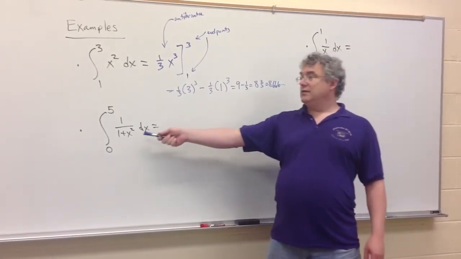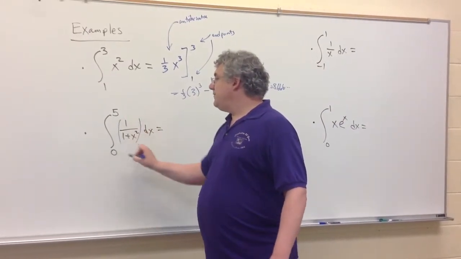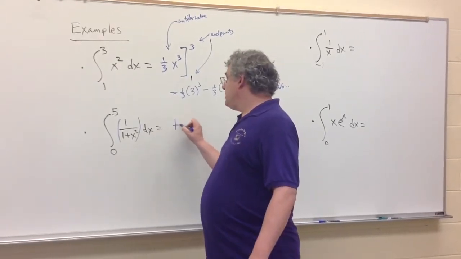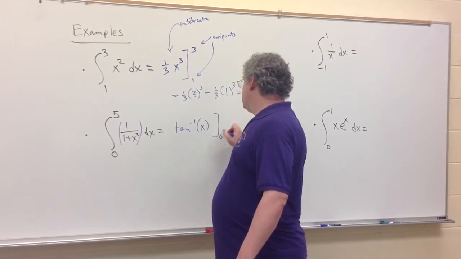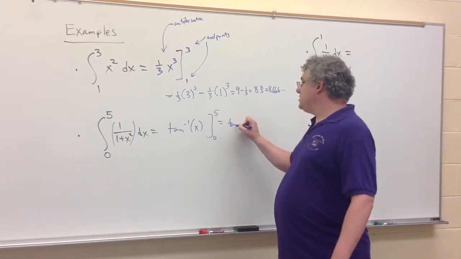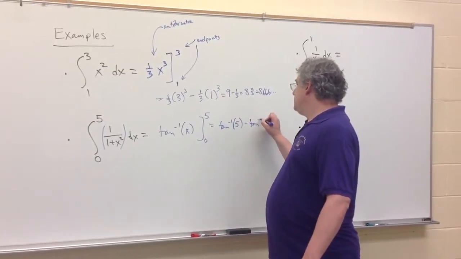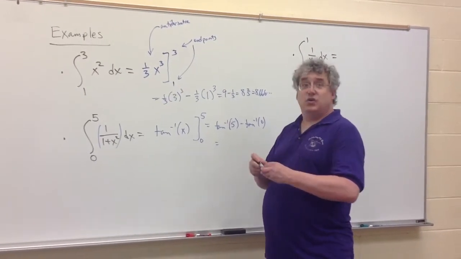How about this one? Well, this one, you have to find some function whose derivative is 1 over 1 plus x squared. And hopefully, you remember that's the arctangent. So that's the inverse tangent at 5 minus the inverse tangent at 0. Now that is hard to do in your head.